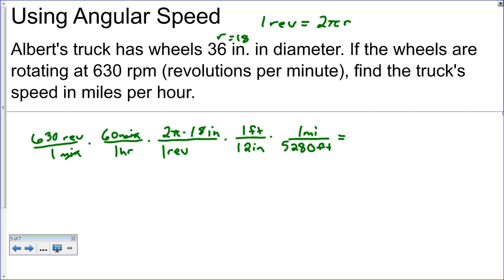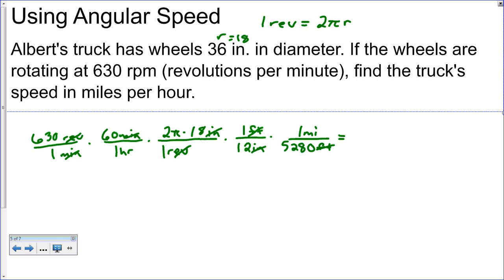If I put all this together, I'm going to end up with the correct units. On top, I have 630 times 60 times 2 pi times 18. That's all on top. Then I'm going to divide that by 12 times 5280.